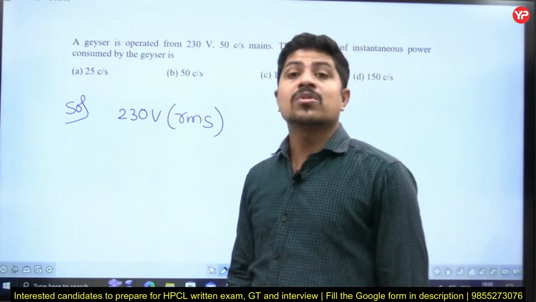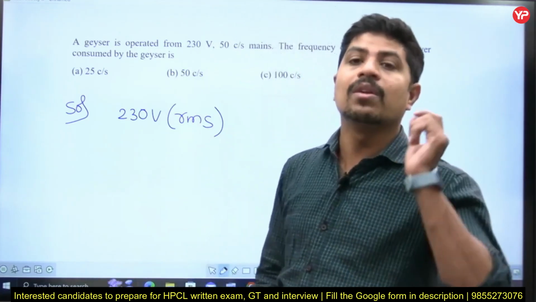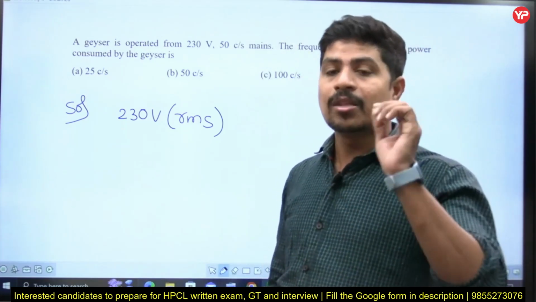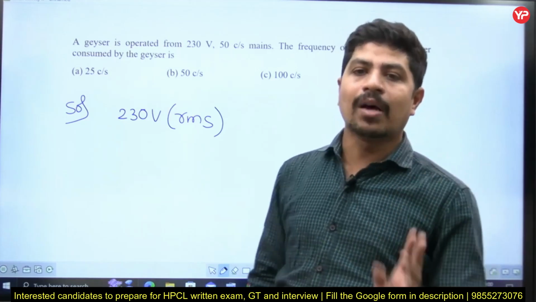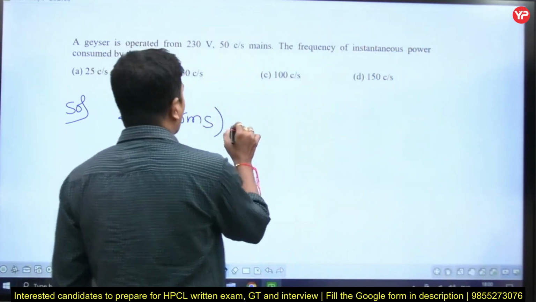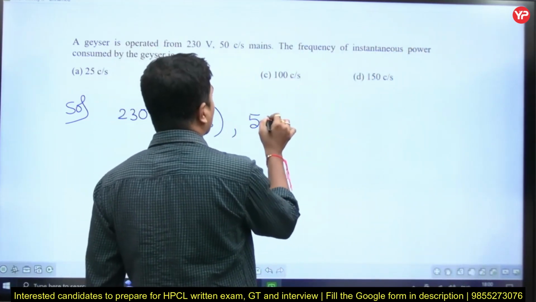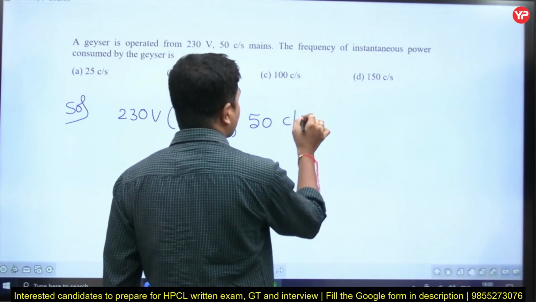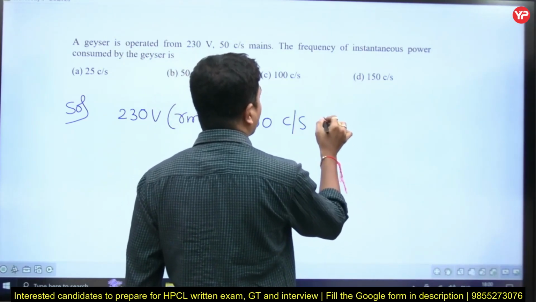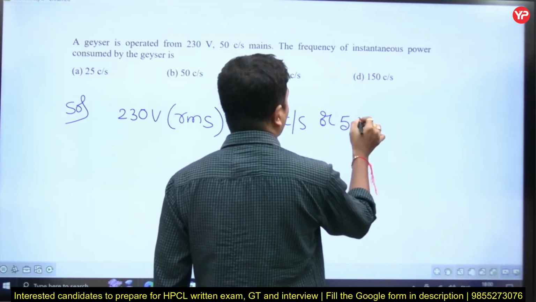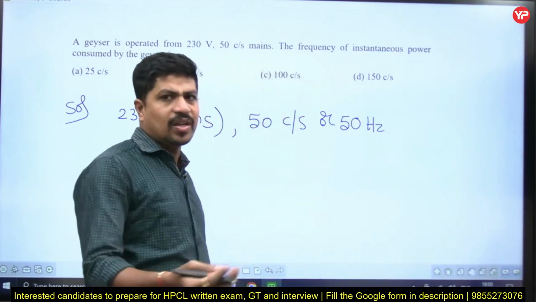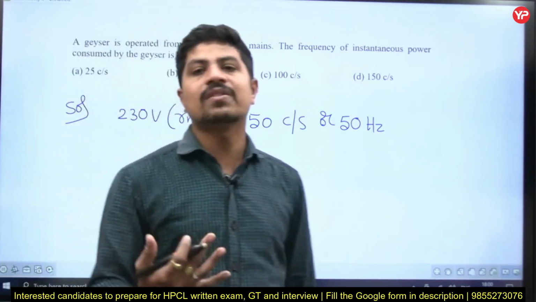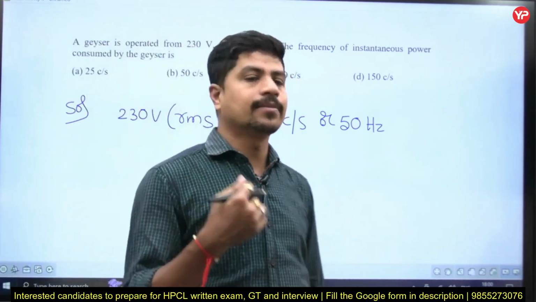If it is the maximum or peak value, he will mention it clearly as the peak value of 230 volts. 50 cycles per second can also be written as 50 hertz. Frequency means the number of cycles per second, right?